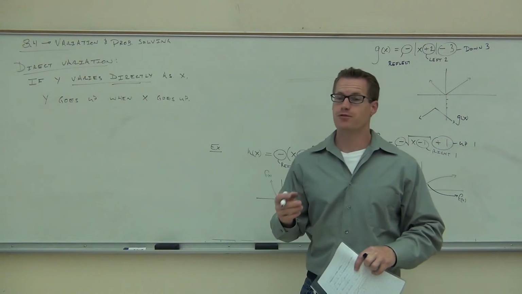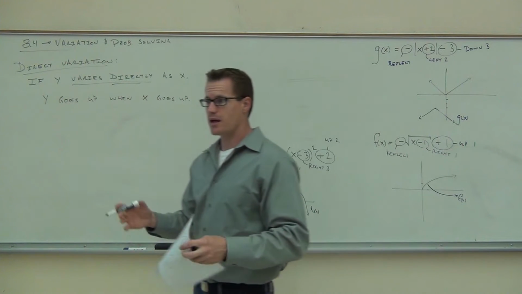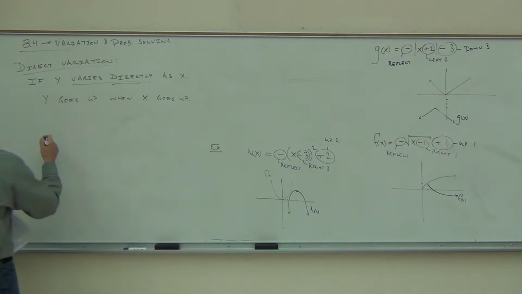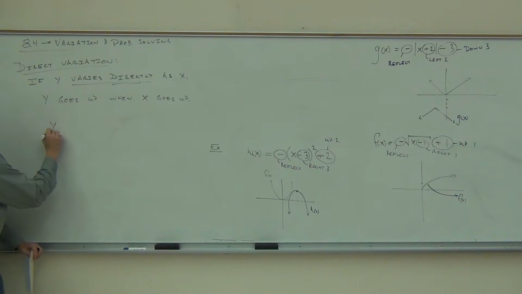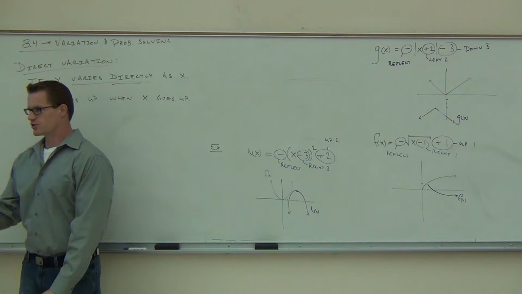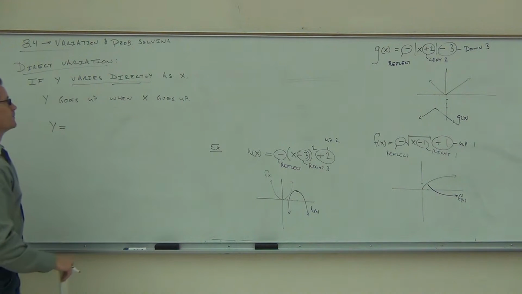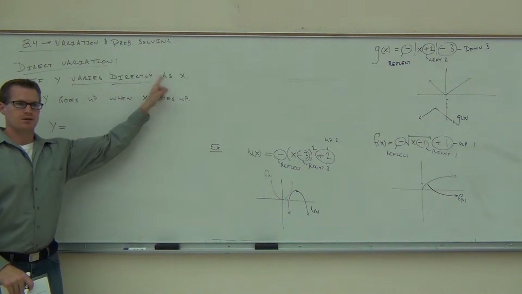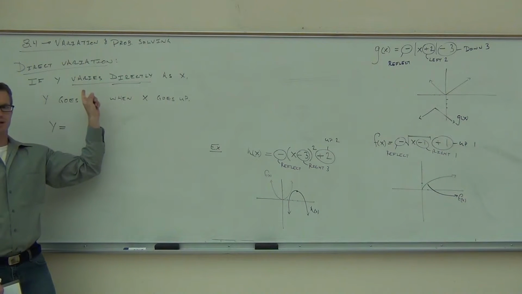Fortunately, in variation, the formulas are really quite simple. They're not anything like extravagant. Here's how direct variation will always look. It simply has your first variable, which is tied to your second variable. Now, I do have to make a point here. We're not always going to be using the letters x and y. This could be dollars and hours, couldn't it? The dollars you make varies directly as the hours you work.